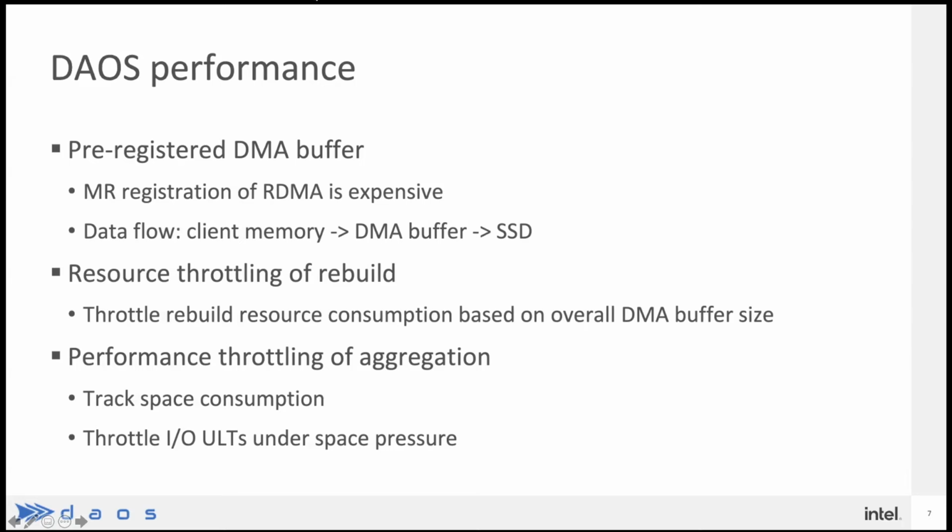But similar to rebuild, it consumes CPU cycles and storage bandwidth. So we added a policy to the I/O scheduler of the DAOS server to make sure that aggregation is a low priority service when the pool still has plenty of space, and is prioritized when the pool is under space pressure.